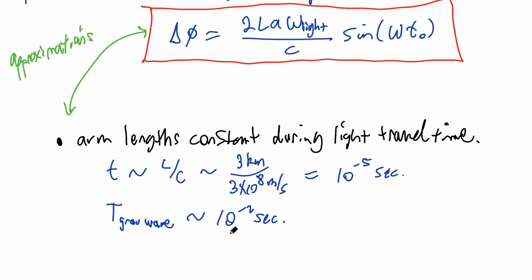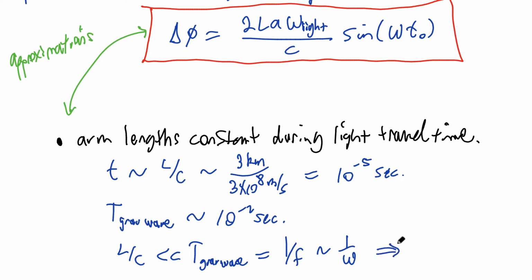Now, this difference in timescales can be expressed as L over c is much less than the period of the gravitational wave, which is, of course, 1 over the frequency, which, to within a factor of 2 pi, is 1 over the angular frequency of the gravitational wave. So this tells us that omega times L is much, much less than c. Let's save this result for later.